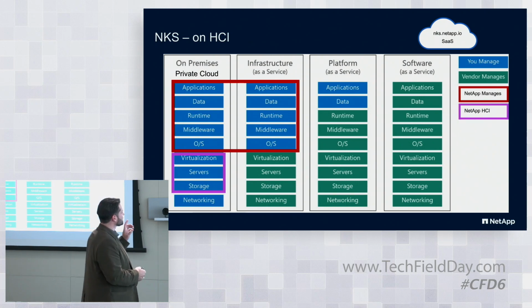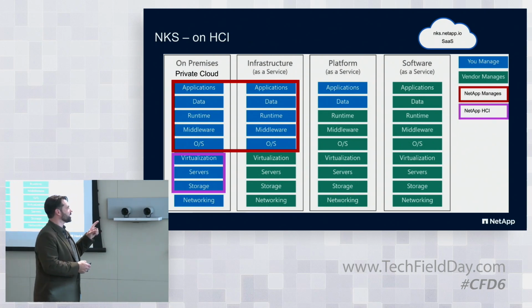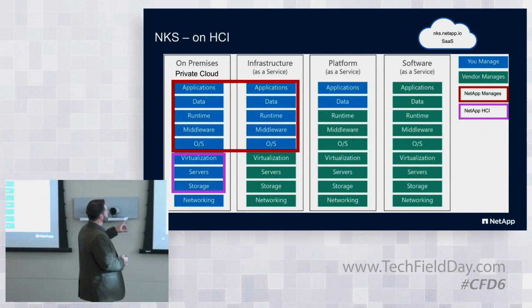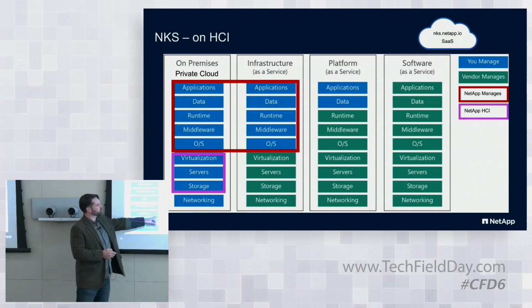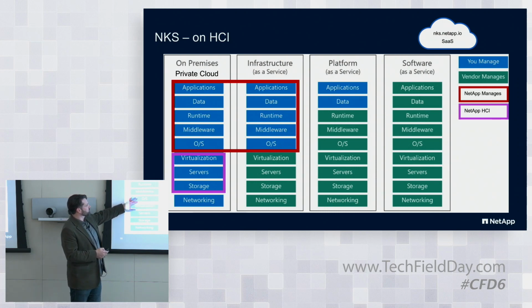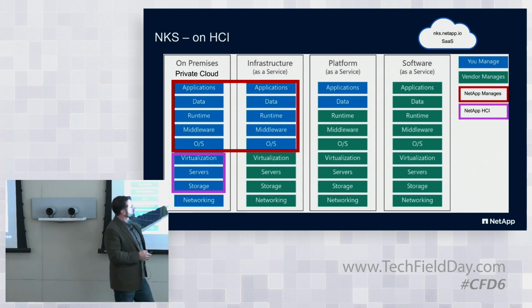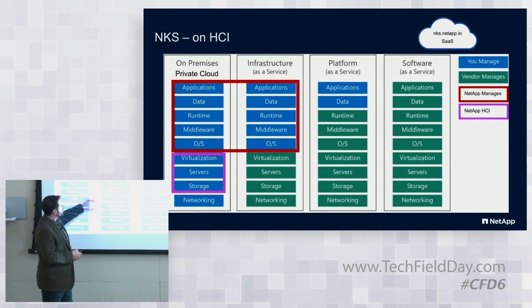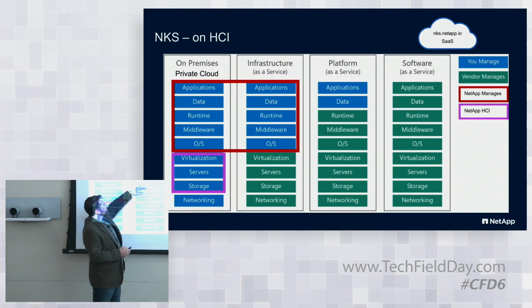We also provide NKS on HCI, which actually uses our hardware. This is an instance where one of our hardware business units is providing on-prem capabilities with this part of the stack, and NKS is layered on top of it, which orchestrates Kubernetes and provisions these platform level pieces, so that customers don't have to manage this.